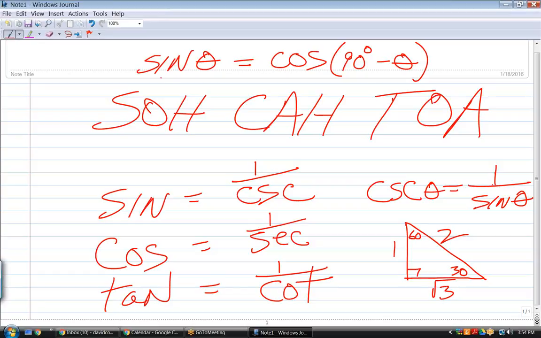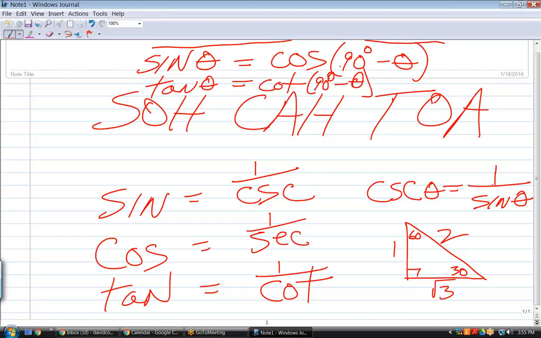So you have these properties called the cofunction properties, which exist between any trig function and the same name with co in front of it. In other words, the cosine is the cofunction of sine. The cotangent is the cofunction of tangent, which means tangent of theta equals cotangent of 90 degrees minus theta, and vice versa.